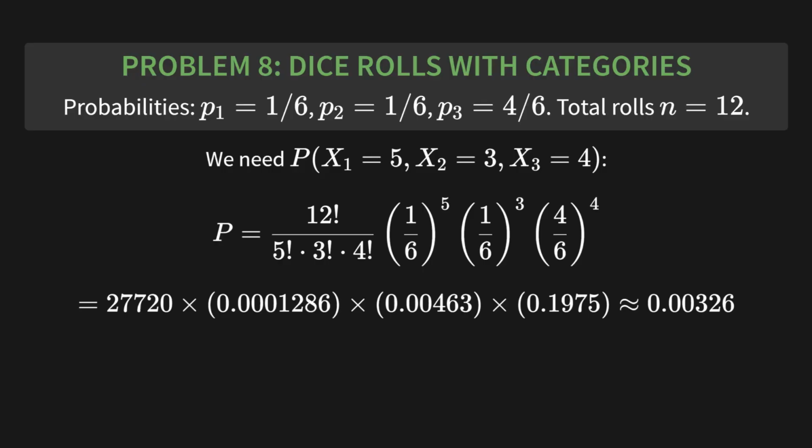All of that is then multiplied by 1/6 to the power of 5 times 1/6 to the power of 3 times 4/6 to the power of 4. Okay, that first part, the big fraction, simplifies to 27,720. We multiply that by all those tiny probabilities, and we get approximately 0.00326. Wow. The result is 0.33%. That's a very specific and rare outcome.